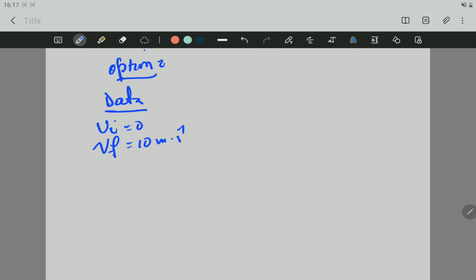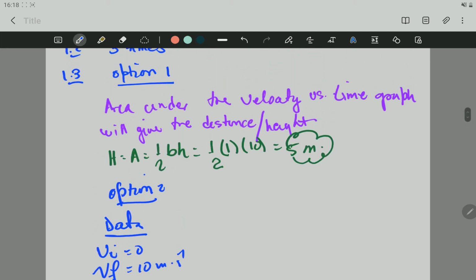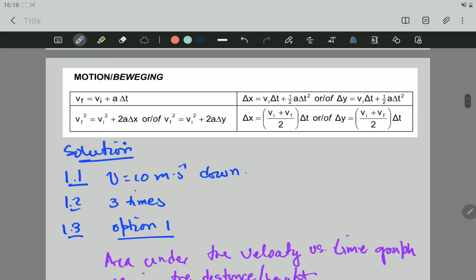Downward is positive, all the motion is down. For the first second, the time is 1 second. We cannot use the acceleration because we don't know how much it is. They ask us to calculate the displacement, which in this case will be the height.